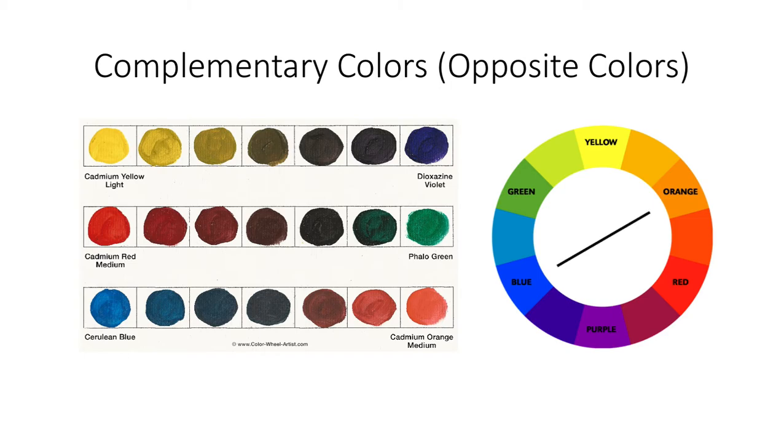If you mix two complementary colors together, these are again the colors that are opposites on the color chart, and it's shown with that line that's turning there. If you mix two of those colors together and no white with it, then you'll get this kind of ugly brown, and you can see in the color charts over here to the left-hand side, these are the kinds of browns that you'll get.